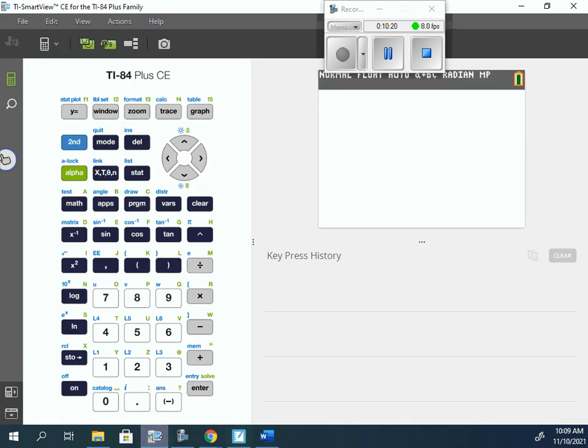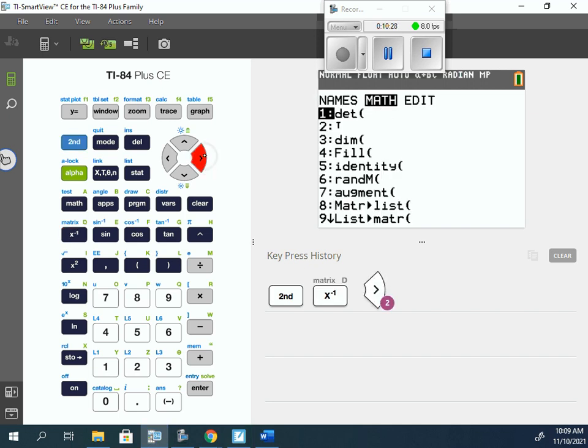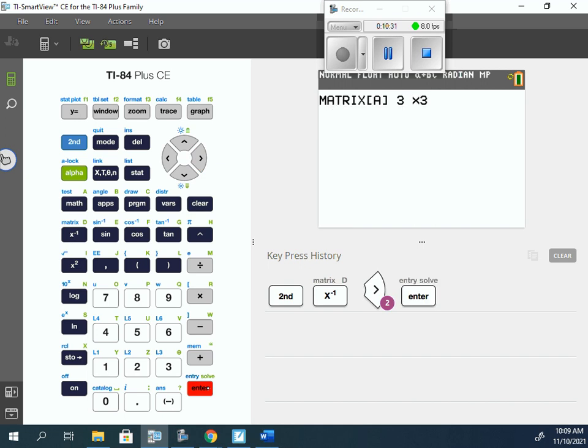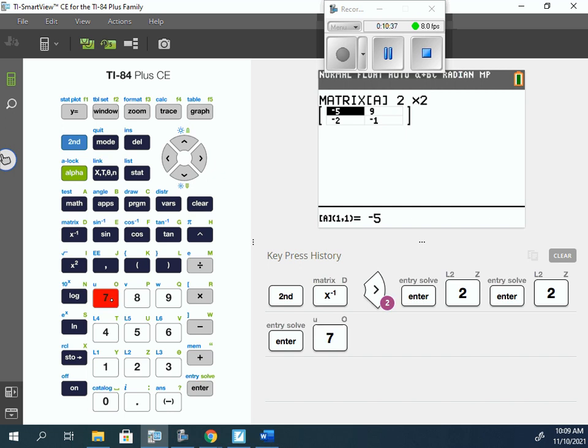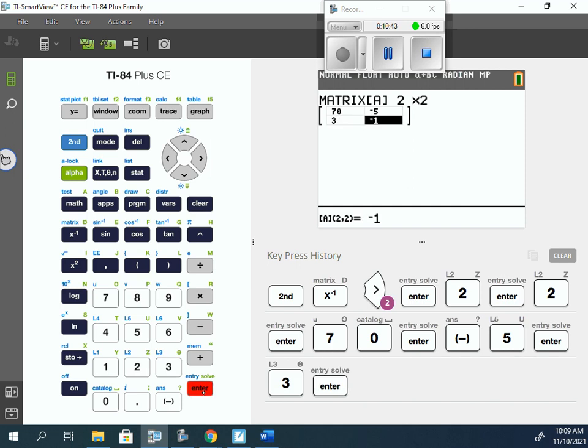So we can go to the calculator and do second matrix, and go over to edit, and we'll edit in the B 2 by 2. We'll have 70, 3, 7.